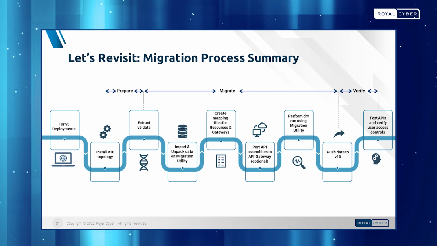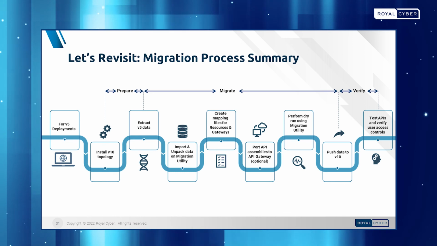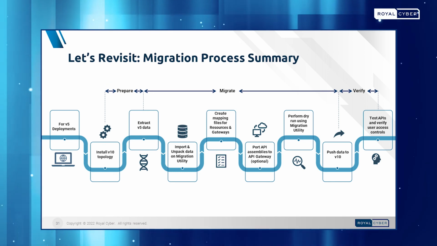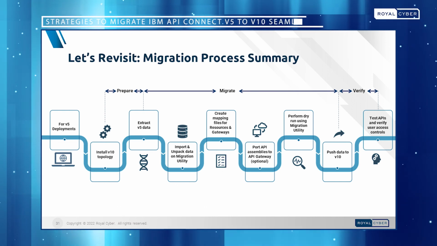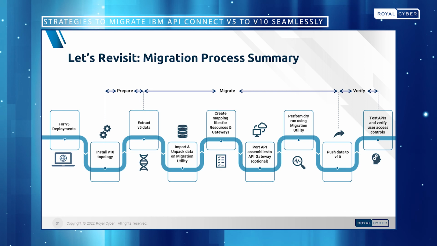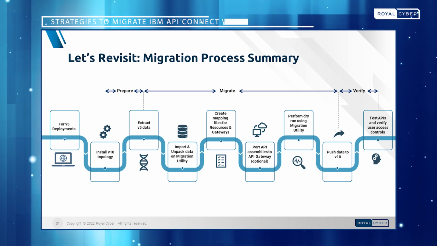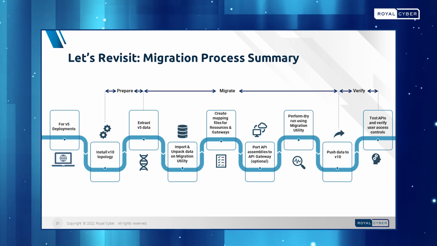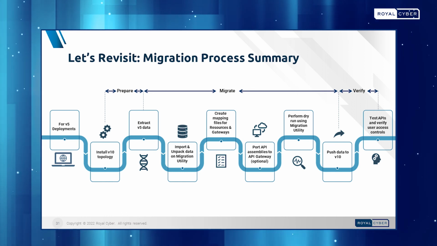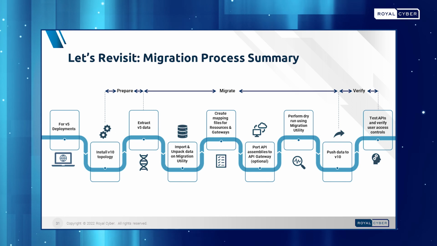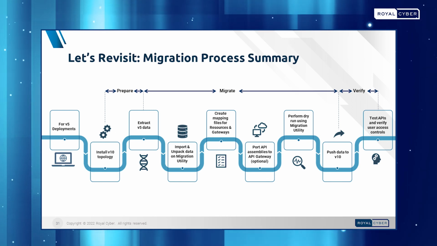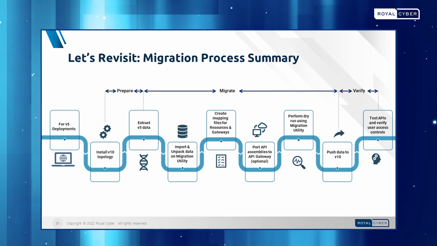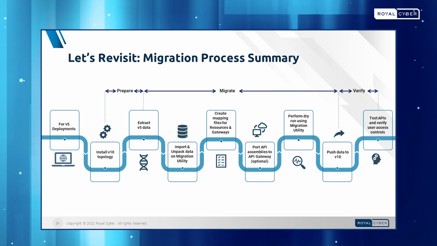Then if you need to do any conversion because you want to use the V10 gateway, do that. Then do the push command, the one we looked at. In the last step, you test and verify your APIs are working fine. Again, take note of any exceptions and errors, and follow the IBM documentation to get them resolved.